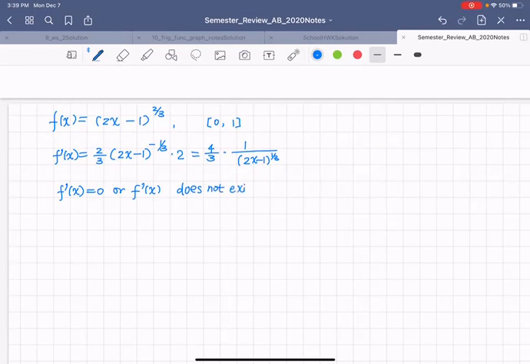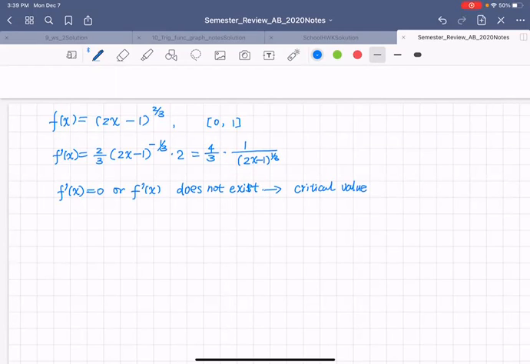So don't just use that one, but also remember this position is also called the critical values, okay? That makes sense?